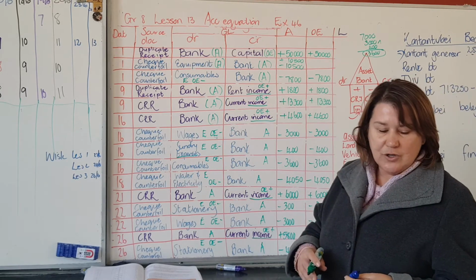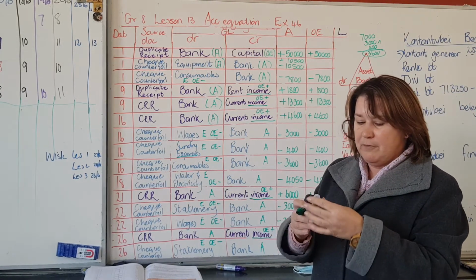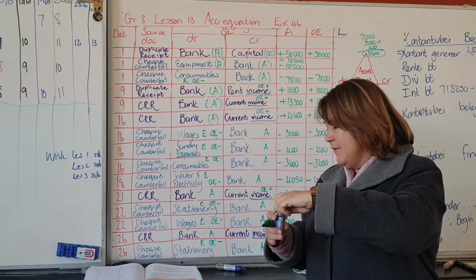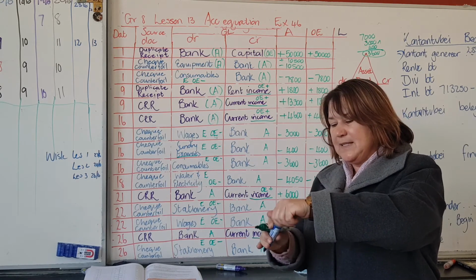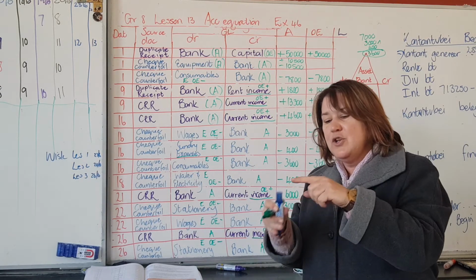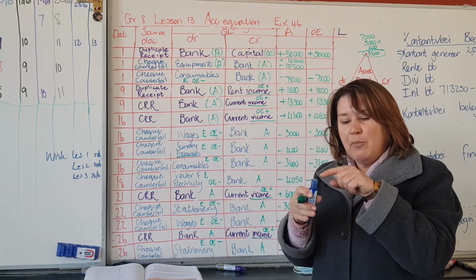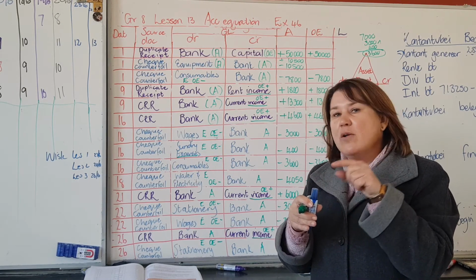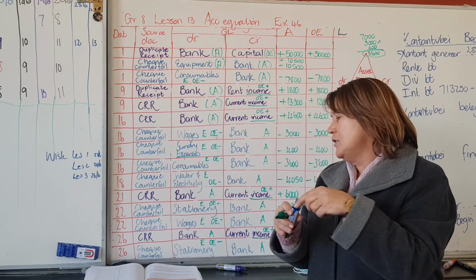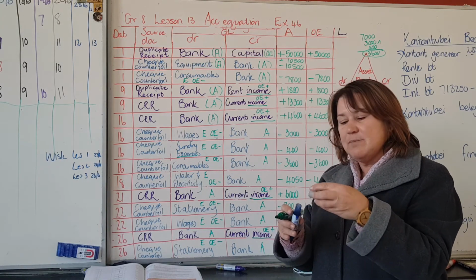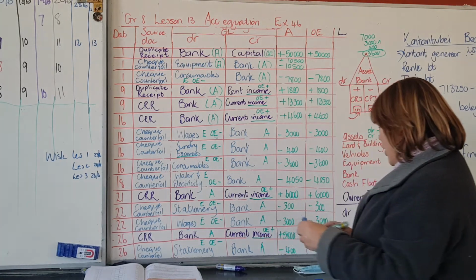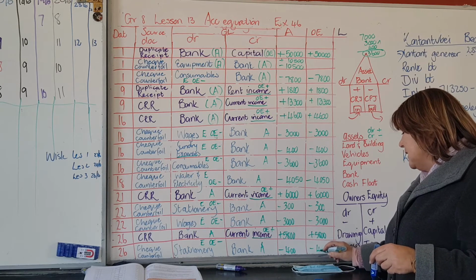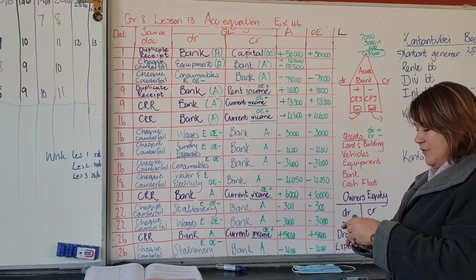And this stationery, remember my ink, my refills? When it's empty, I'm going to buy new refills. And I'm going to throw this refill away. I can't sell it to anybody. That's why stationery decreases my profit. So my owner's equity is going to decrease with 400 Rand.